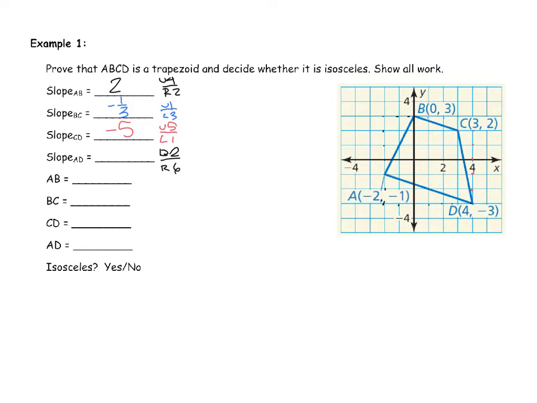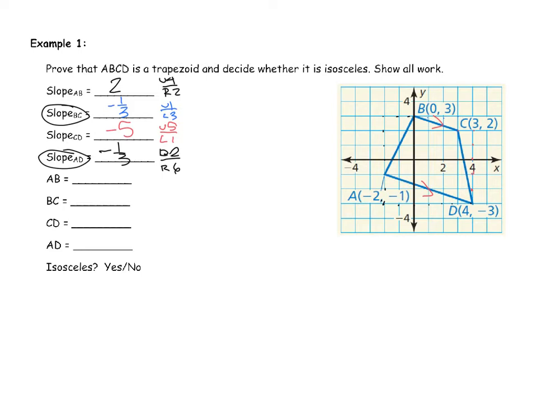So that's a negative 2 over a positive 6, and that reduces to a negative 1/3. So finally, yes, we got 2 slopes that actually are the same. So that means we got 2 lines that are parallel, but the kicker here is they have to be opposite of each other. And BC is opposite of AD. So far, so good. We know that these 2 sides are parallel. So yeah, it is a trapezoid.